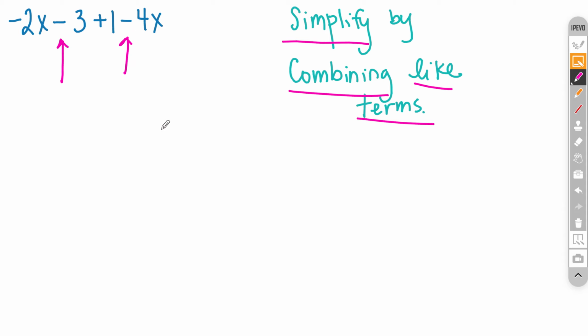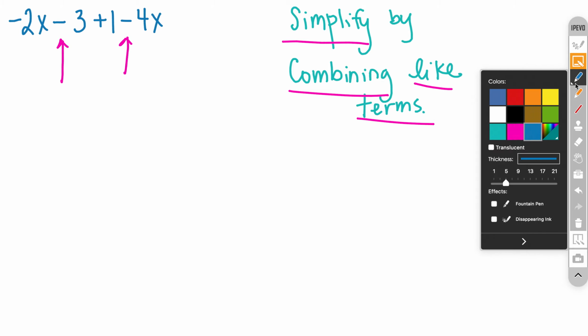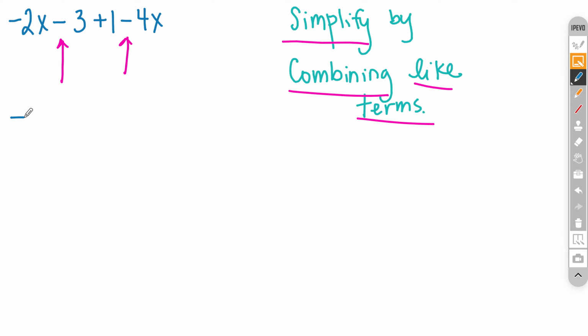Any minus that you have in the algebraic expression, rewrite that minus as plus the negative of that number. So what I mean by that is you are going to rewrite negative 2x minus 3 as negative 2x plus negative 3.